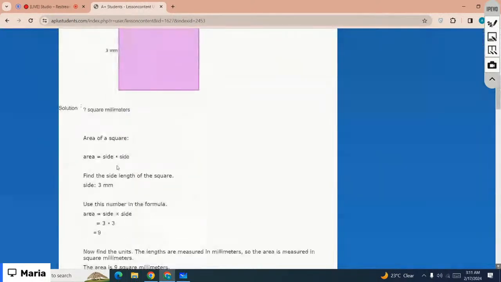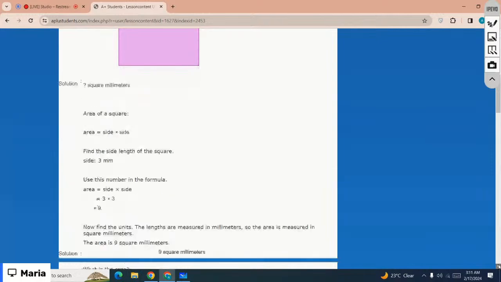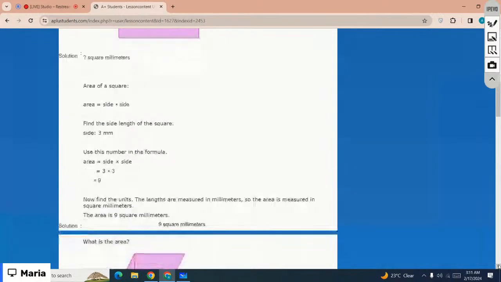Whenever you need to calculate the area of a square, you do area equals side times side, right? The side for the given square is 3. You have to do 3 times 3, and 3 times 3 equals 9. The correct option is 9.